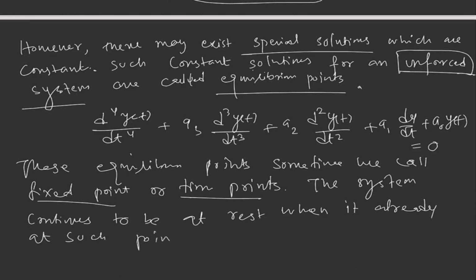It is very, very important. At this point, the system will remain at its original or natural behavior. So this is how we can come up with the equilibrium point and how it is defined.